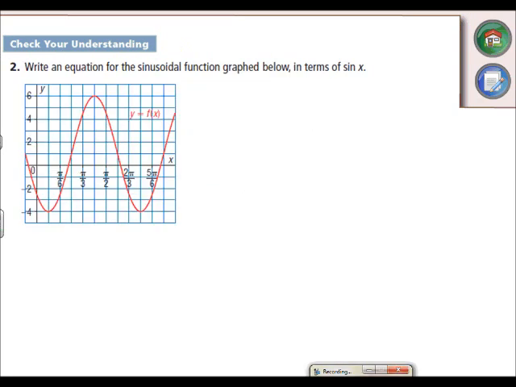All right. Everyone's favorite. Write an equation from the graph. Here we go. With trigonometry, we can use our transformations. So they say we're going to use sine. It could be sine or it could be cosine. They both could look the same. There are many options.